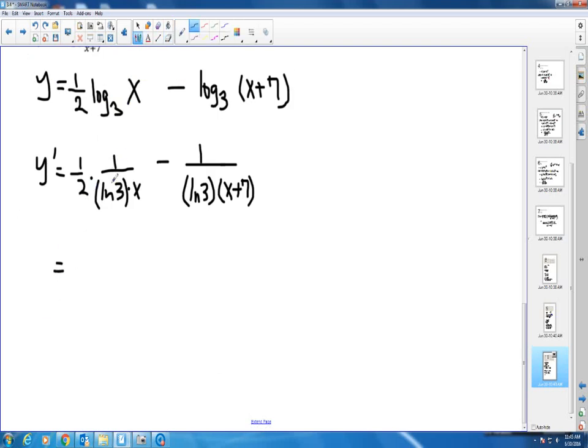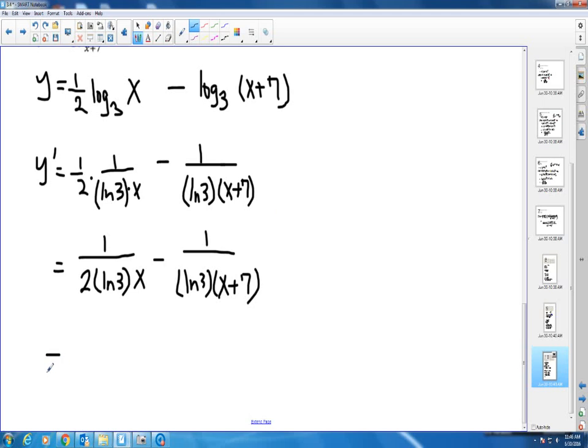This 2 times 1 over, so this 2 is along with that natural log. So basically what I got here is 1 over 2 times natural log of 3 times x, minus 1 over natural log of 3 times x plus 7. Now since I got natural log of 3 flying everywhere here, I'm going to simplify this a little bit further.